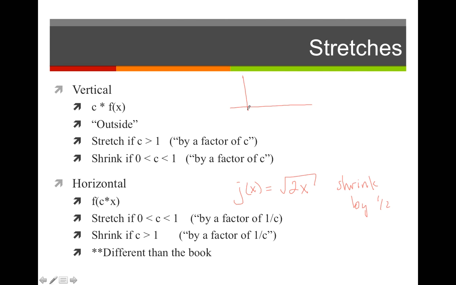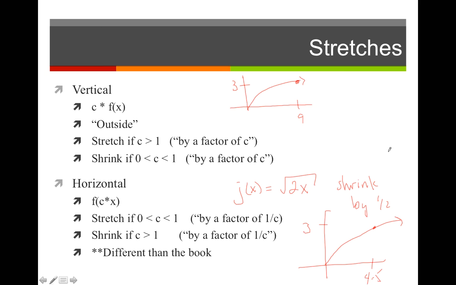So normally, again, I should be at 9, 3. But this particular graph says when y is 3, x should be 4.5, half of the original x value. And that kind of makes sense if you think about it, because if I plug in 4.5, 4.5 times 2 is 9, and the square root of 9 is 3. So you notice this shrinks my x direction by half.